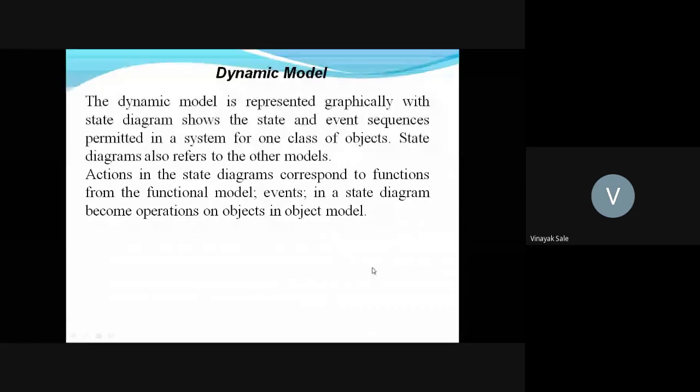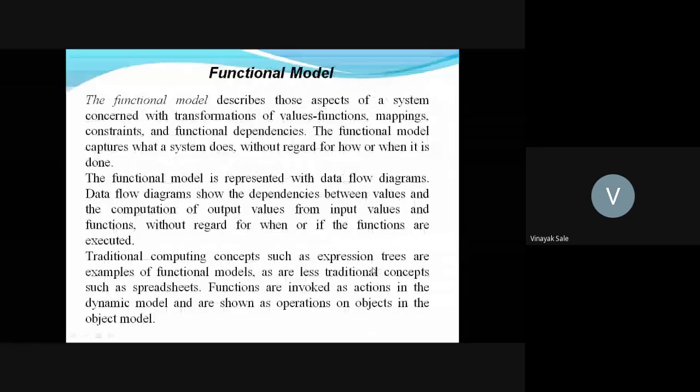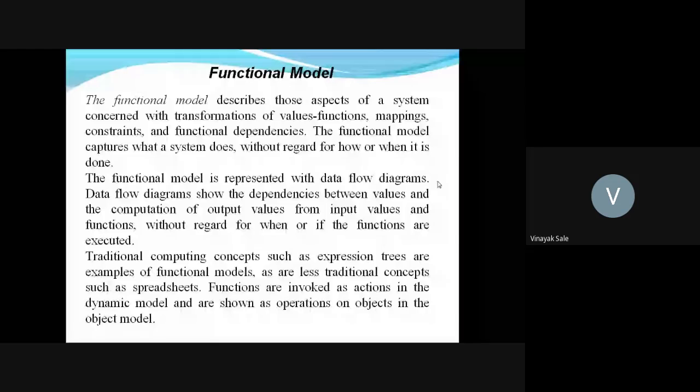Then the third part is the functional model. The functional model describes those aspects of a system concerned with transformation of values: functions, mappings, constraints, and functional dependencies. The functional model captures what a system does without regard for how or when it is done.